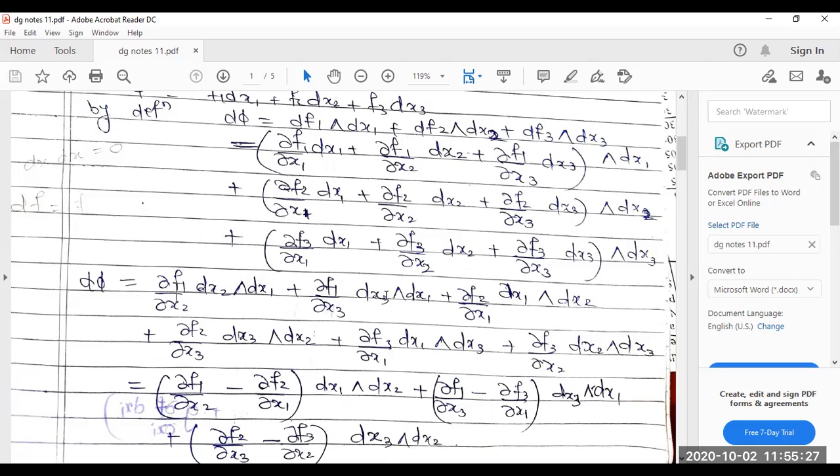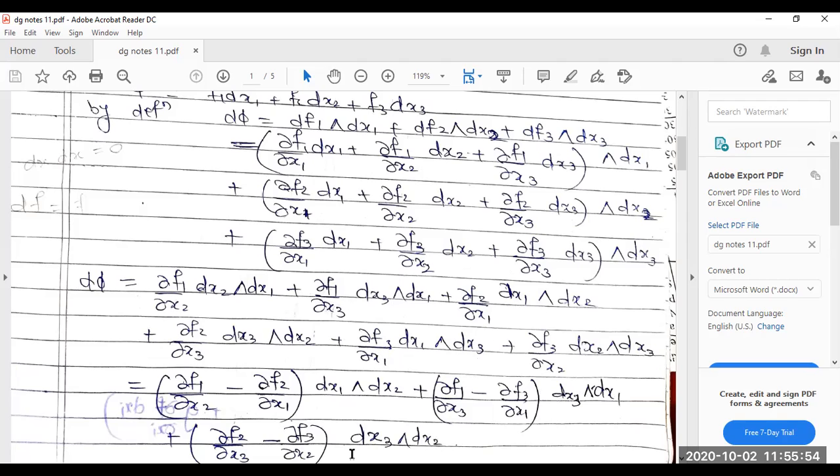Secondly, we have dx3 dx1, here also we have dx3 dx1. So now we can write for dx3 dx1 this term as it is, and if you want to change the order of a wedge product, we must introduce the negative sign. So here ∂f3/∂x1 will be with a negative sign, and what we remain with outside in the bracket is dx3 wedge product with dx1.